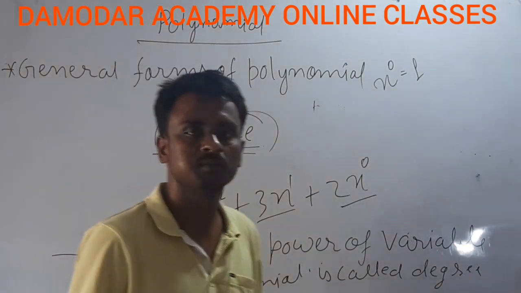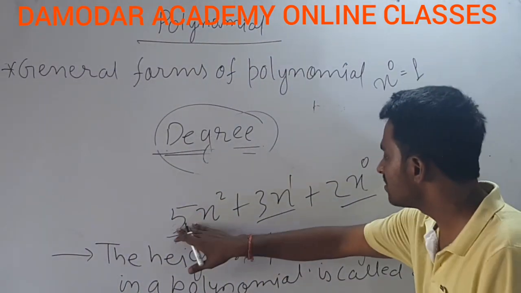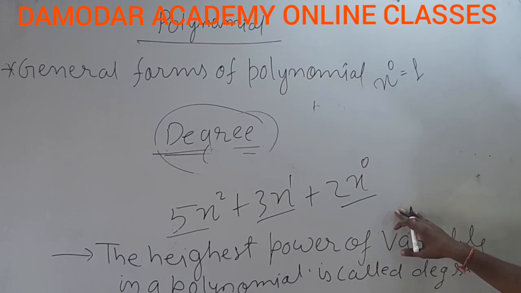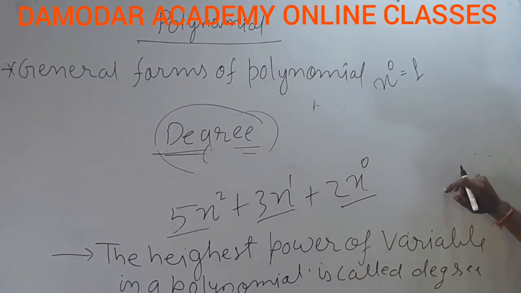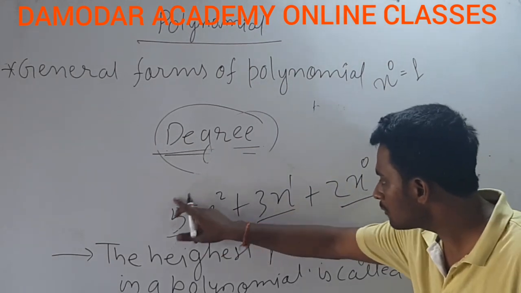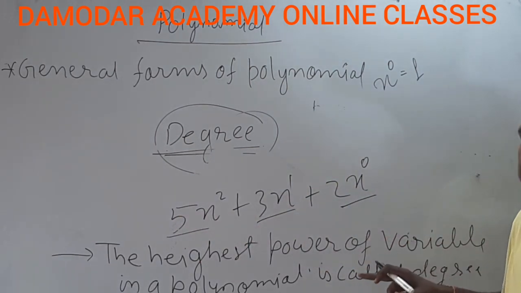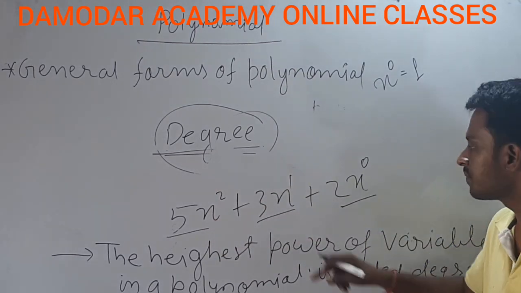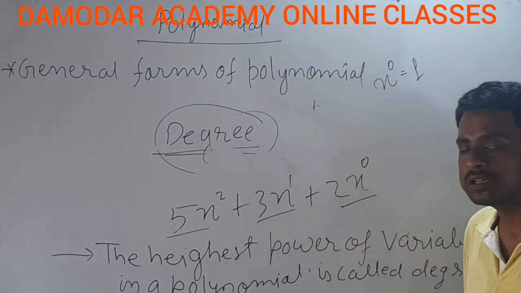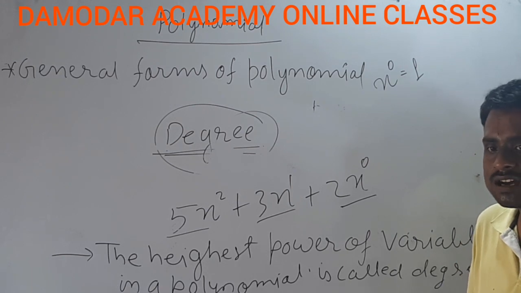Now look, this is an algebraic expression. This is a polynomial. We already checked it. And this polynomial is made from 3 terms. 5x squared is the first term. 3x to the power 1 is the second term.